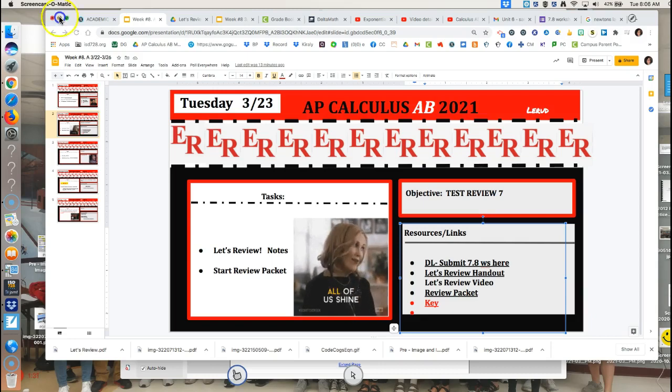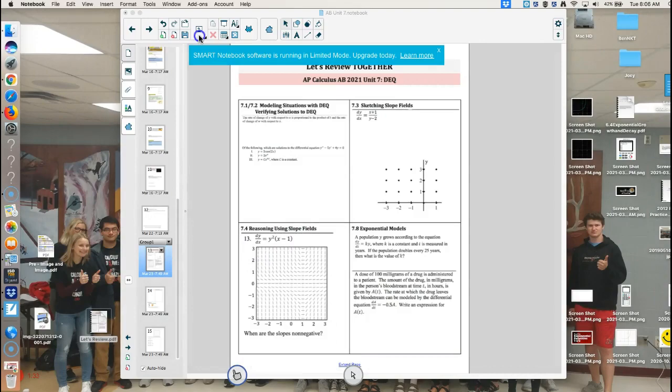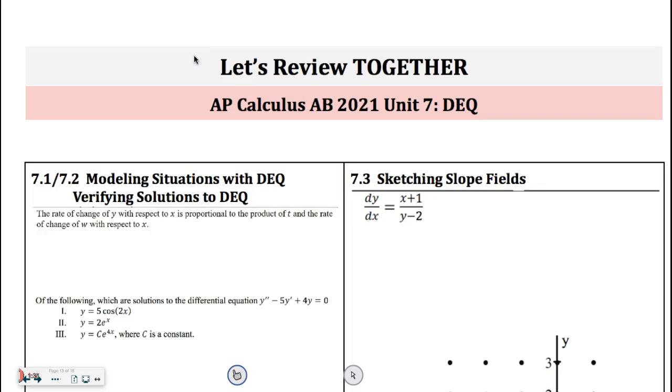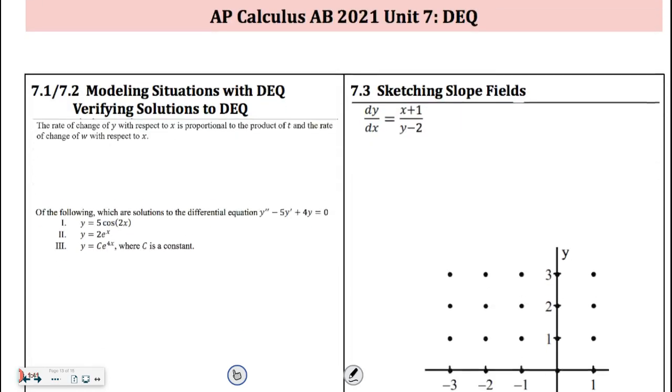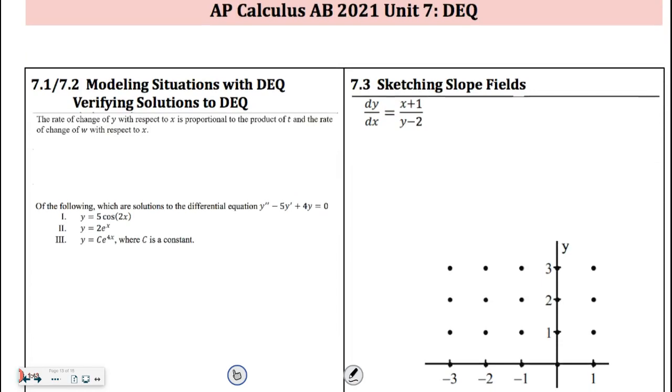And begin. So 7.1 and 7.2 were just modeling situations that result in differential equations and verifying. An example of that would be just knowing how to set up a differential equation or a derivative, always indicated by a rate of change.